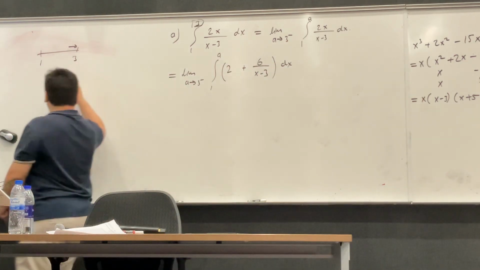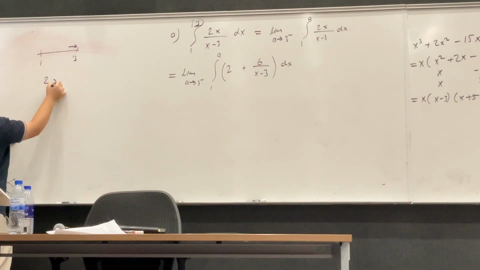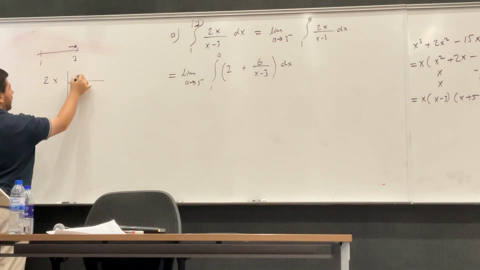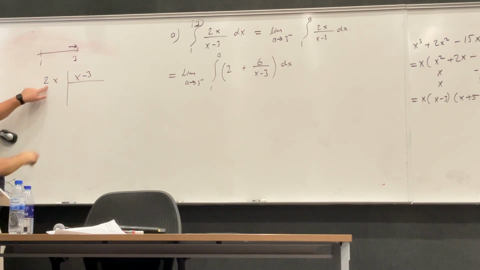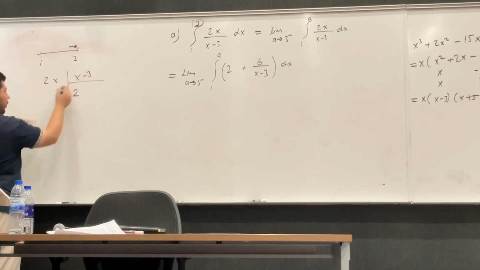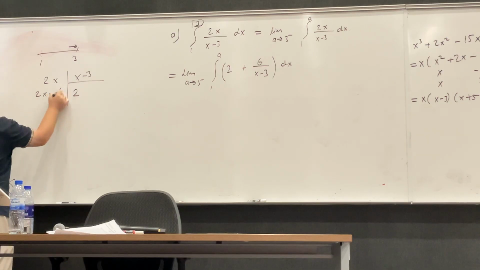So I'm going to do the long division here. I'm dividing 2x by x minus 3. How many x minus 3's are there in 2x? Or in other words, how many x's are there in 2x? 2 of them, so this is 2x minus 6.